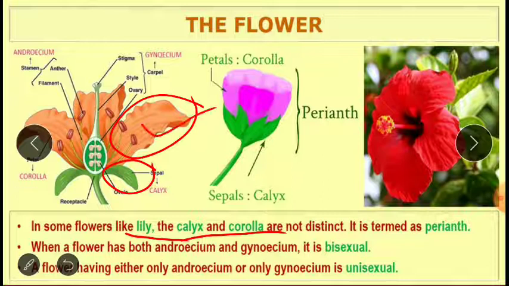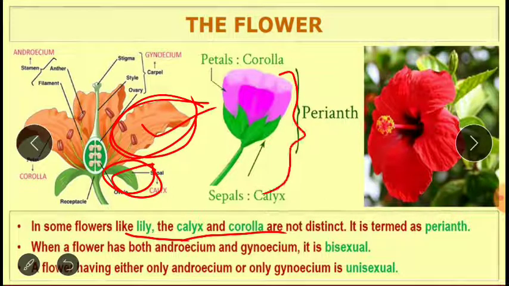So in some flowers like lily, you cannot differentiate between the calyx and the corolla. Calyx is your green colored portion and corolla is the petals. Both are fused together. In that case, where the calyx and the corolla are fused, it is known as perianth. And when a flower has both androecium and gynoecium, it is called bisexual.